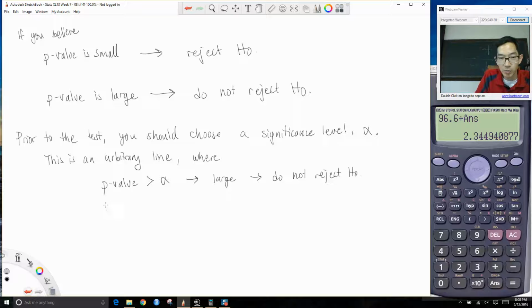And if the p-value ends up less than alpha, you say it's small, and you reject the null hypothesis. Okay?